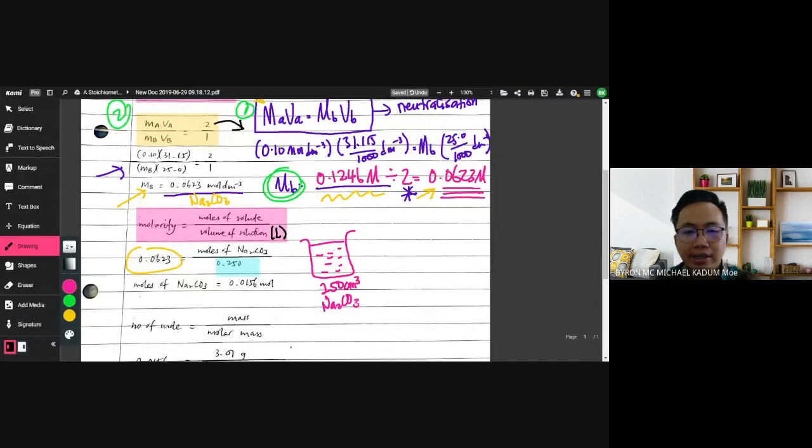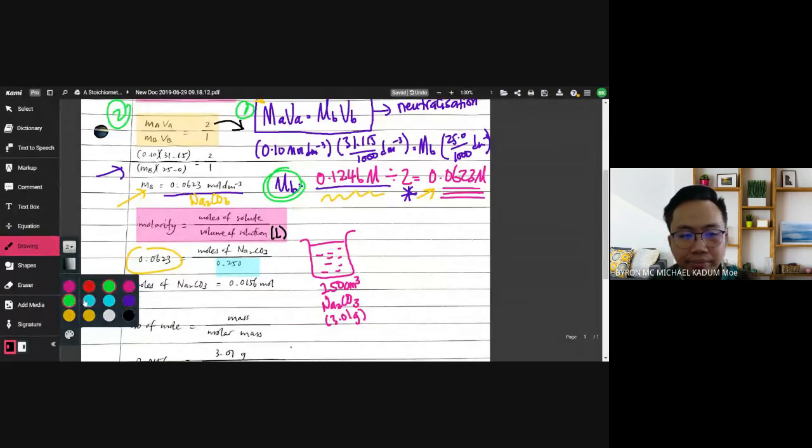Ini setuju guys? Dan ini asalnya berapa nih? Kita larutkan berapa banyak tadi? 3.01 gram kan? 3.01 gram yang dilarutkan dalam sini. So bila kita ambil 3.01 gram, kita larutkan dia di dalam 250 cm cubic of water, inilah isi padu dia di dalam tu, dia punya volume.